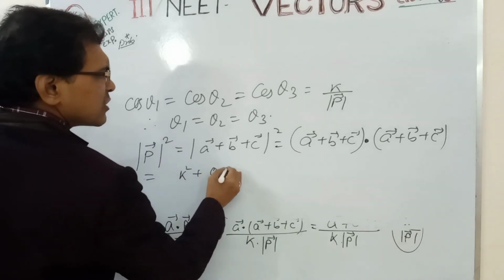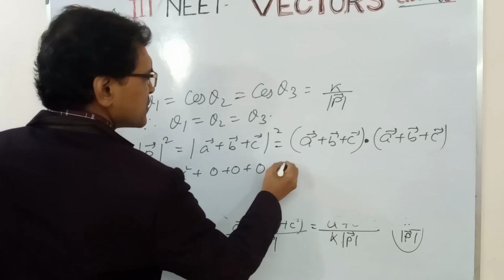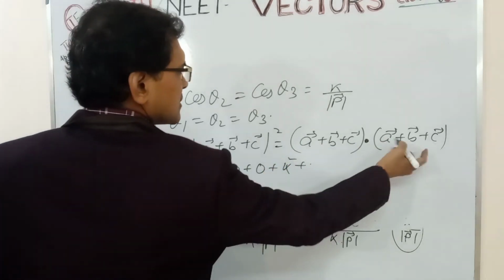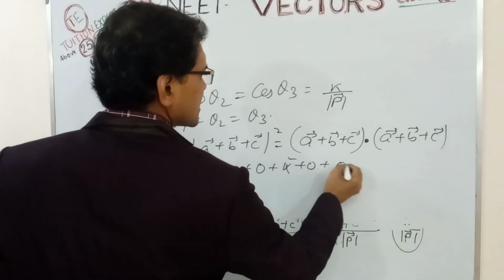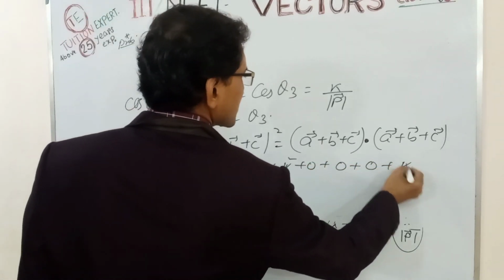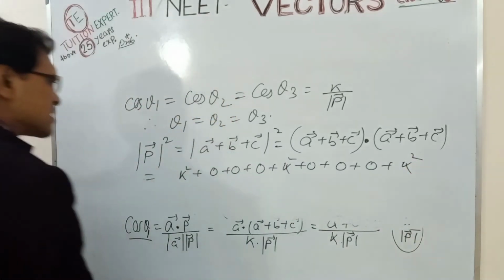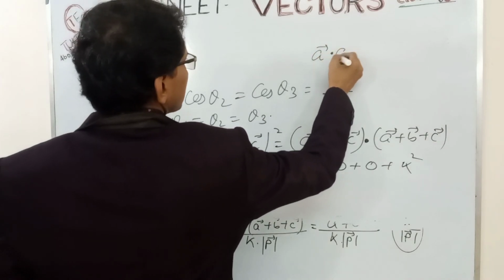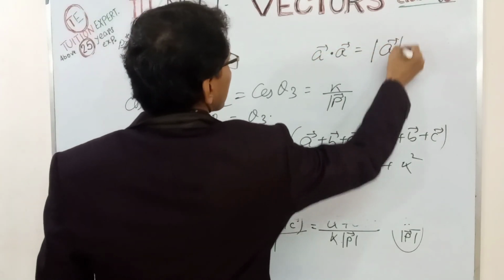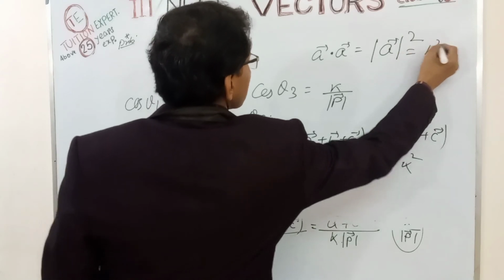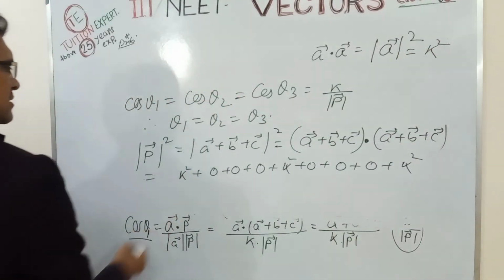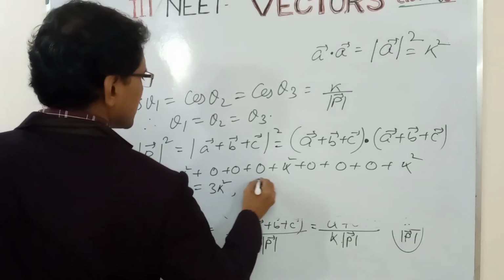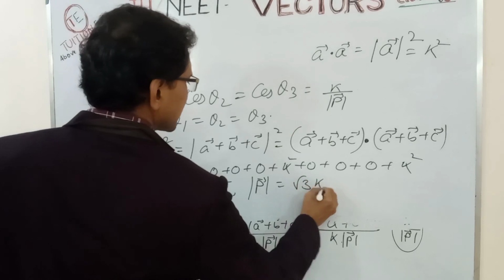A dot B 0, A dot C 0, B dot A 0, B dot B K square, plus B dot C 0, C dot A 0, C dot B 0, plus C dot C, mod C square, because A dot A equal to mod A square. We know that. So this is K square plus K square plus K square, so this becomes 3K square. So mod P equal to root 3 K.